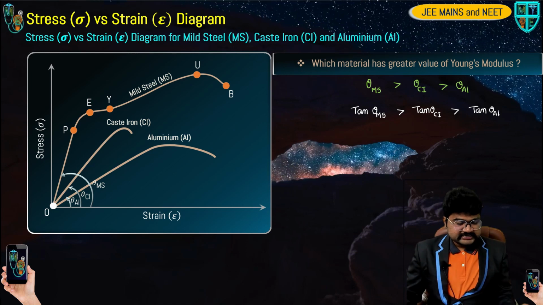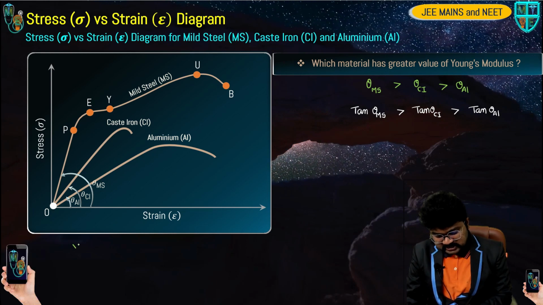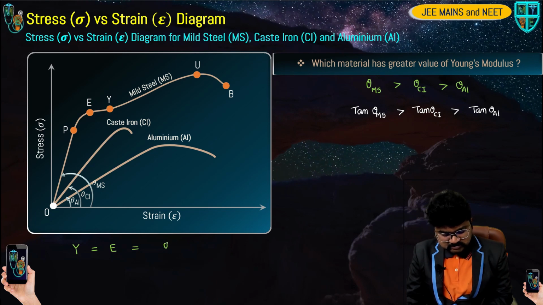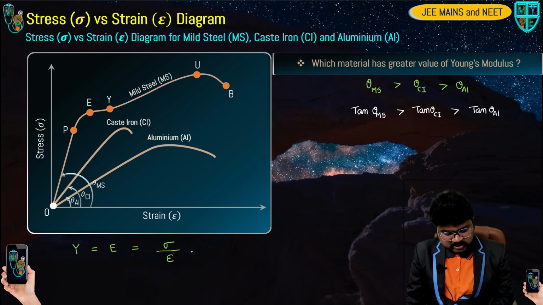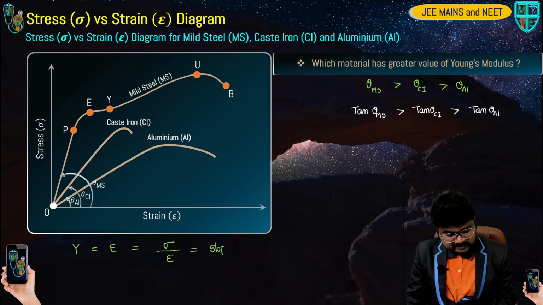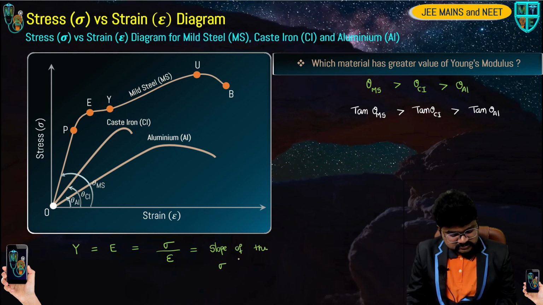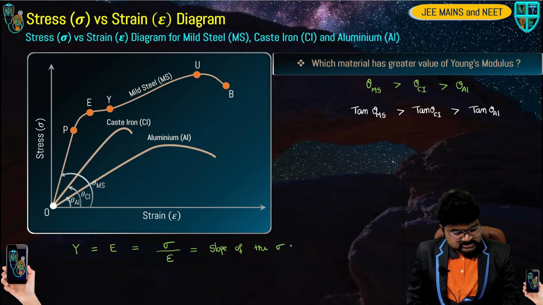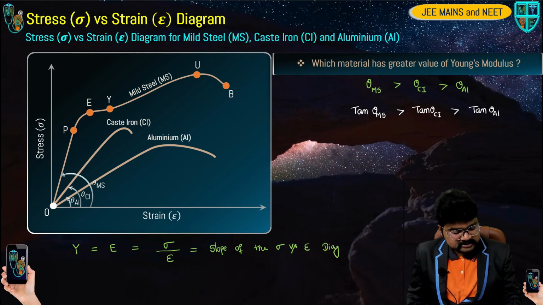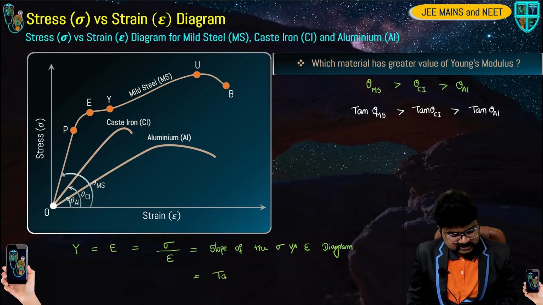Tan theta aluminium. So what is the Young's modulus? Here Y is the Young's modulus, you can represent it with E also. This is nothing but longitudinal stress by longitudinal strain, and the slope of the stress versus strain diagram is nothing but tan theta.